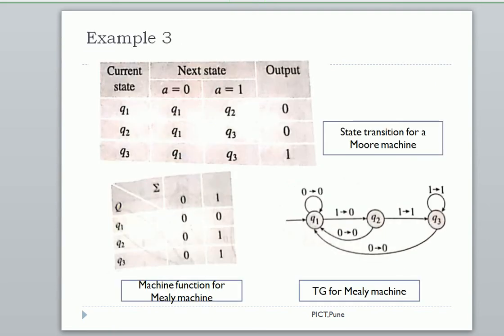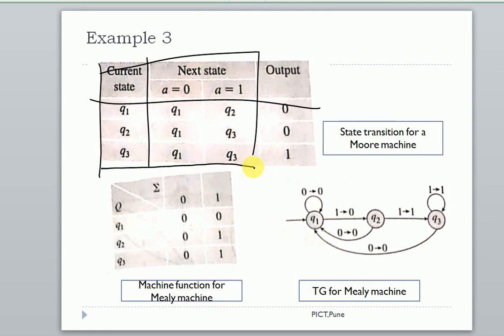Now instead of transition graph, you may come across a transition matrix. From that we have to identify whether it is a Mealy machine or a Moore machine. Now here in the transition matrix, what is given in this graph, we have states Q0, Q1, Q2. Next state, that means this part is a transition matrix.